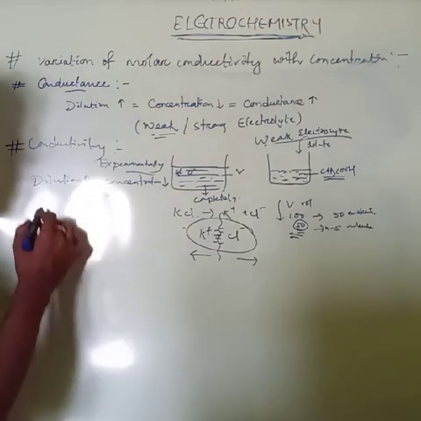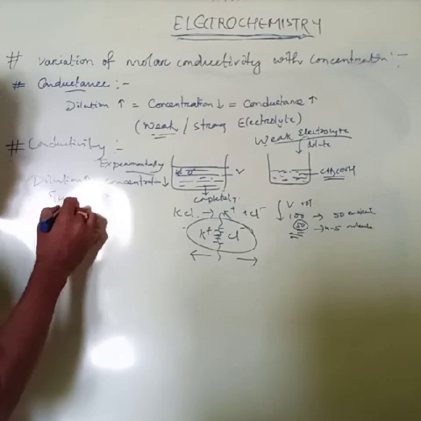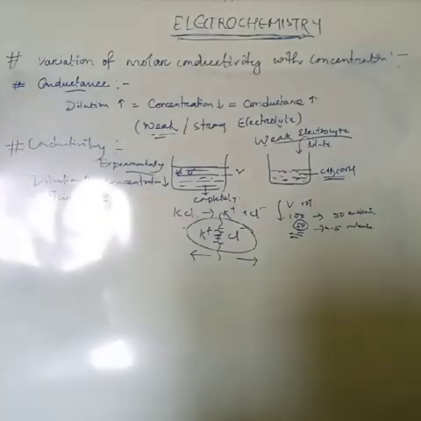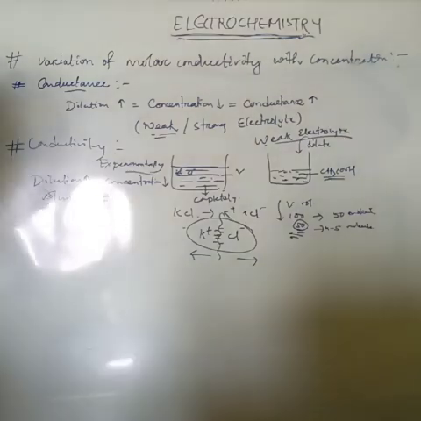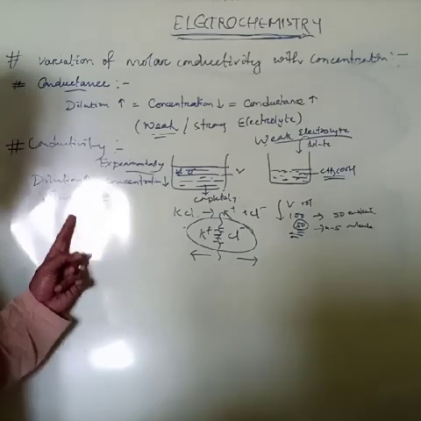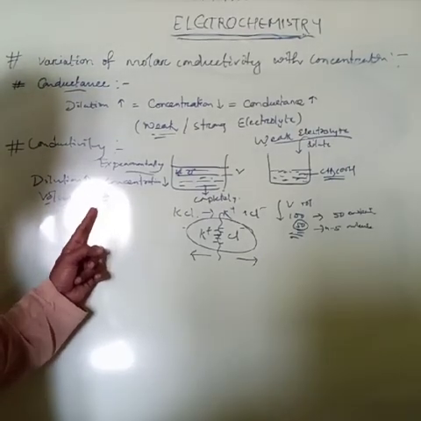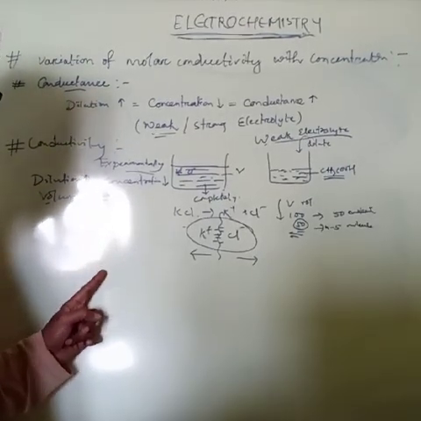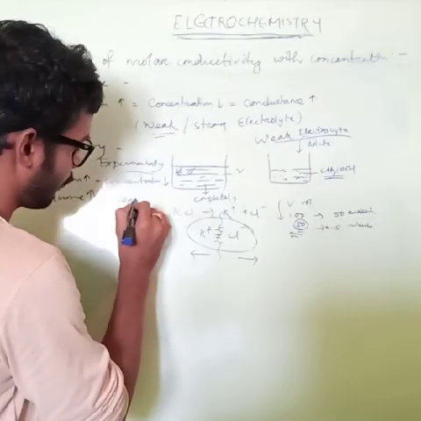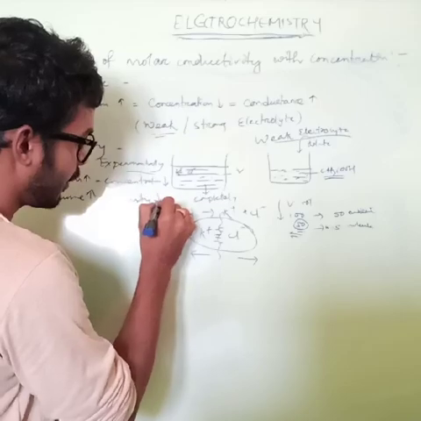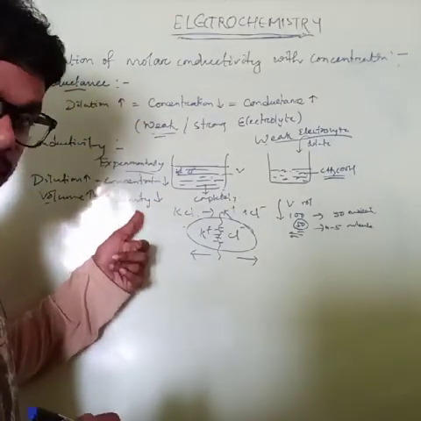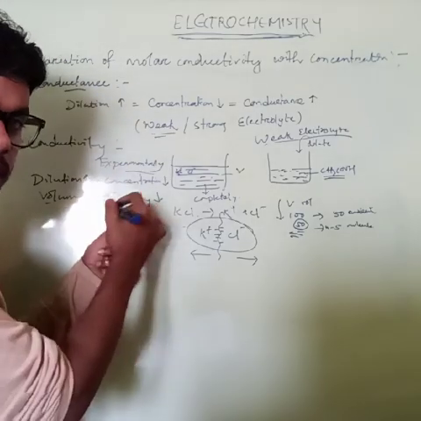What happens to the volume? As I said, volume increases, obviously. And what will be the number of ions, or the density? Density decreases here.